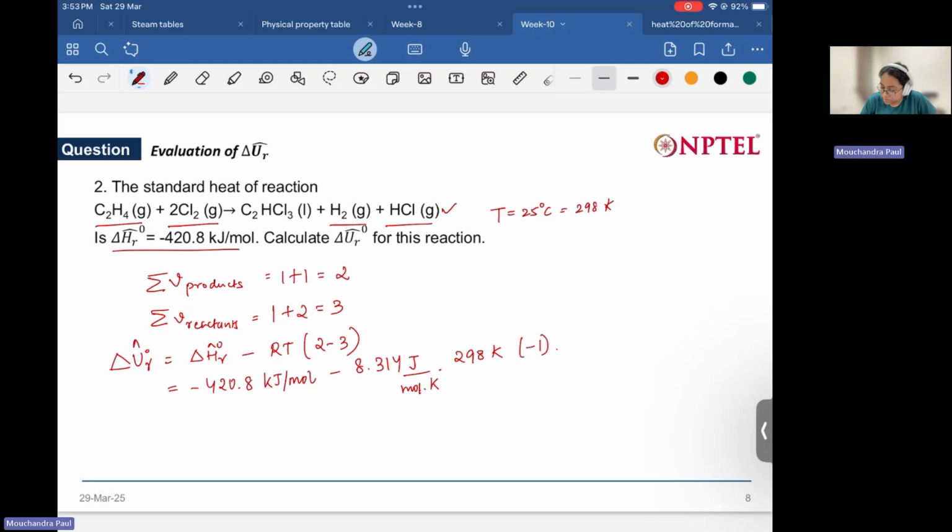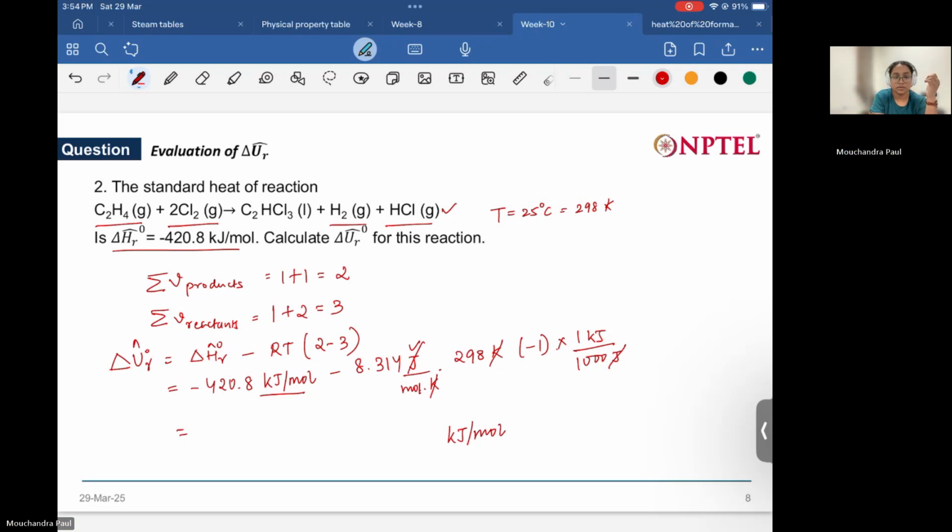Minus 1. Now since this is in kilojoule, we also convert this into kilojoule, so this will be divided by 1000, right? The final unit will be kilojoule per mole.